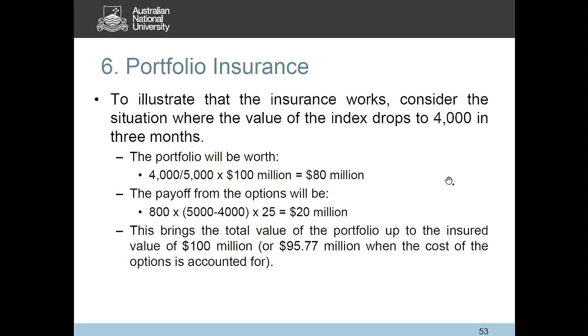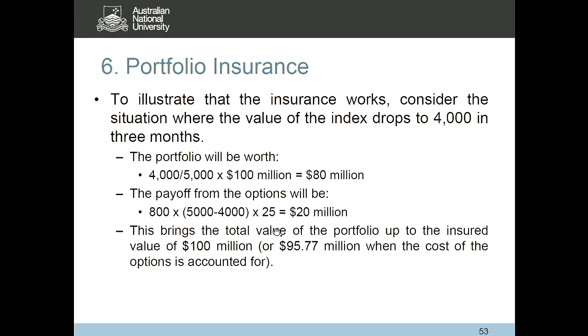But that's okay because we are making money on the put option, right? So what's the payoff from the put option? The payoff from the put is always X minus the spot price, right? So the strike price is 5,000 points. The current spot price is 4,000 points. So that's the payoff. And that needs to be multiplied by 25, and then by the contract size 800.